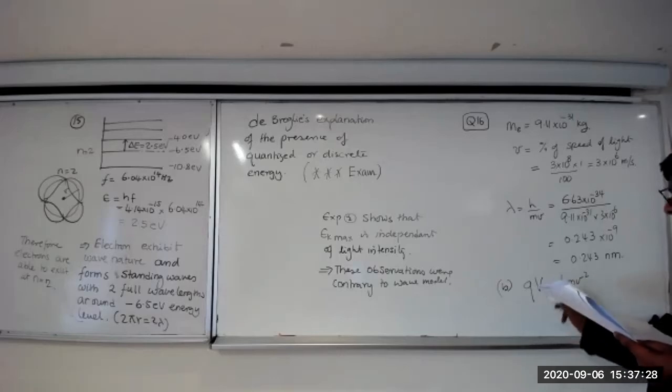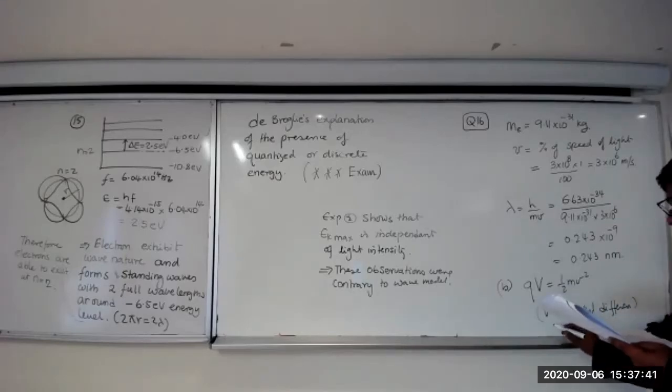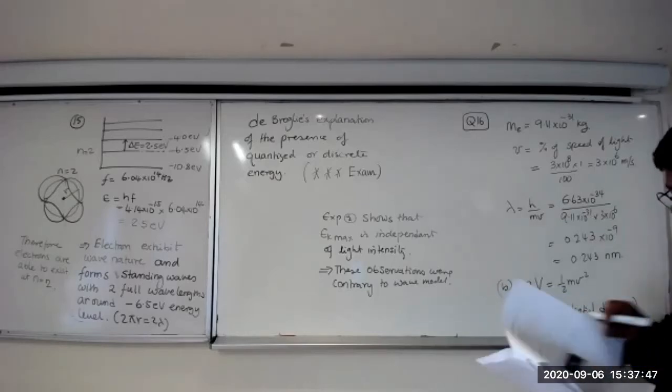And V is the delta V, the potential difference. Solve for that, so that should be 25.6 if we solve that.